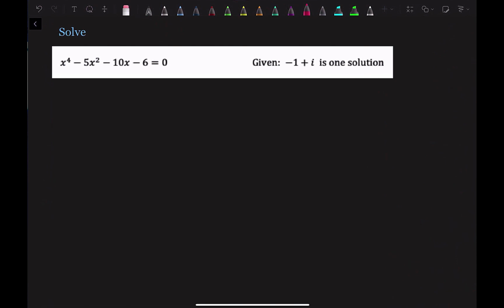So the next video that I record will be, how do we do a problem like this? How do we solve an x to the fourth that can't be factored if we know one of the solutions happens to be complex or irrational?